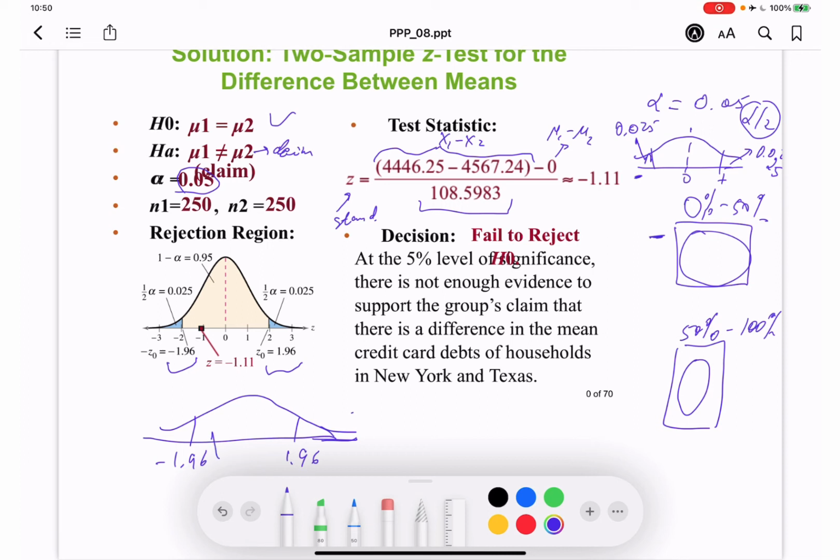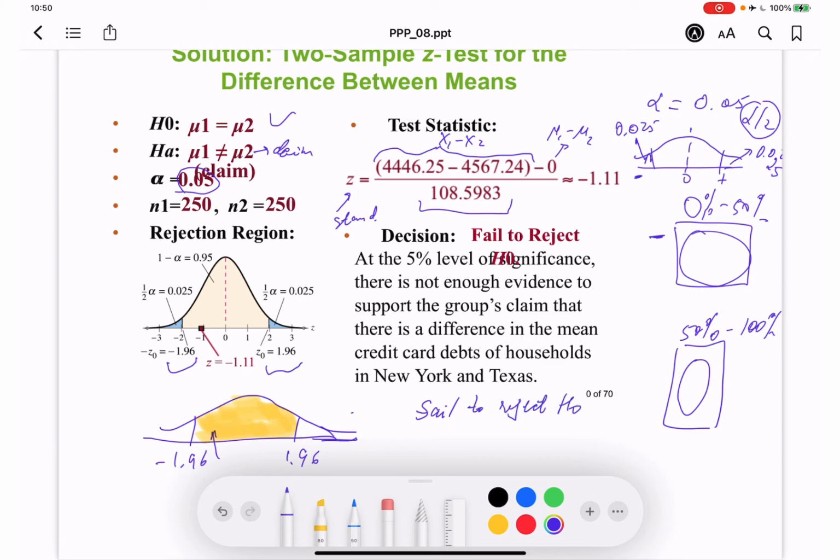1.11, so it's falling in the healthy area, right? Let me see. This is our healthy, fail to reject area. Therefore, at the 5% level, alpha 0.05 significance level, we fail to reject the null hypothesis.